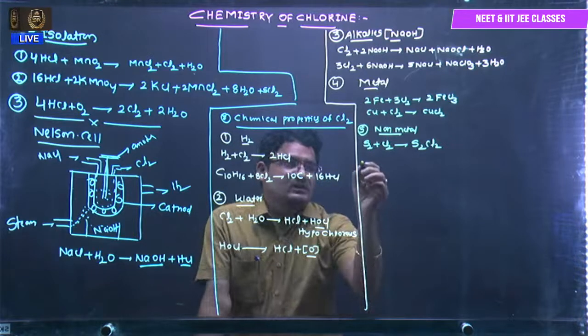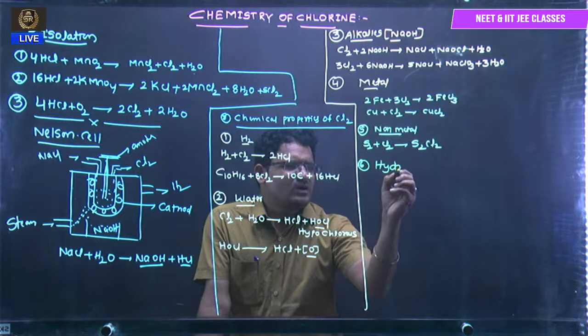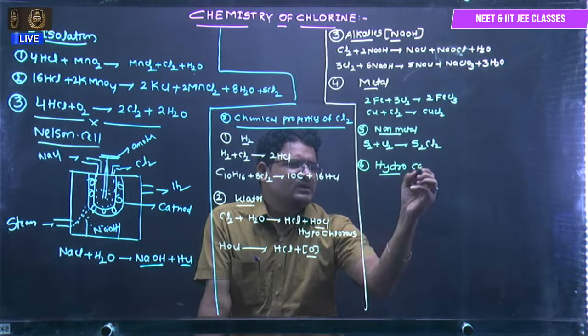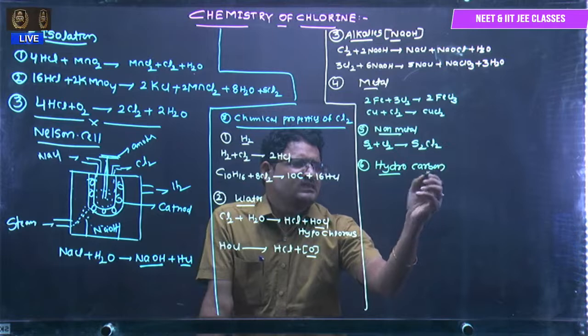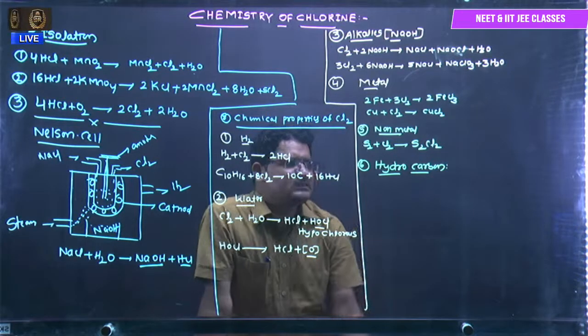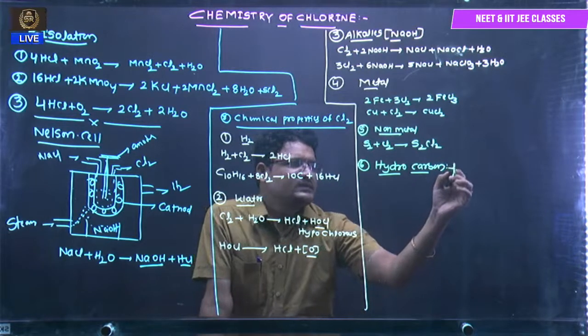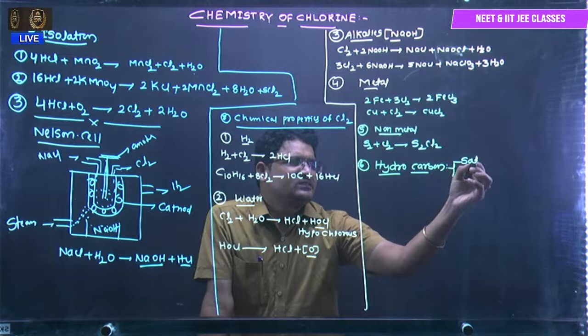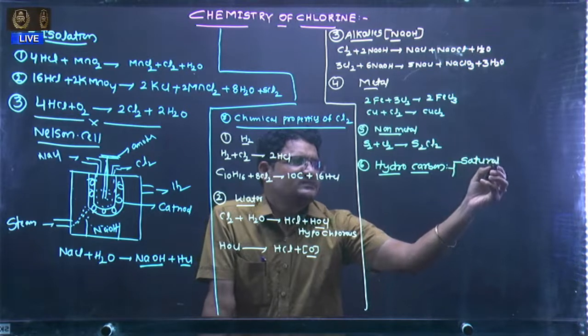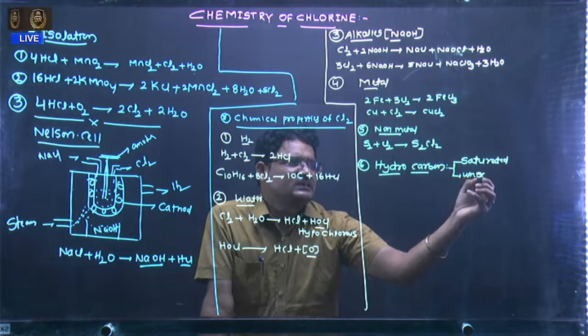The next one, the sixth, is hydrocarbons. Hydrocarbons are of two types, saturated and unsaturated.